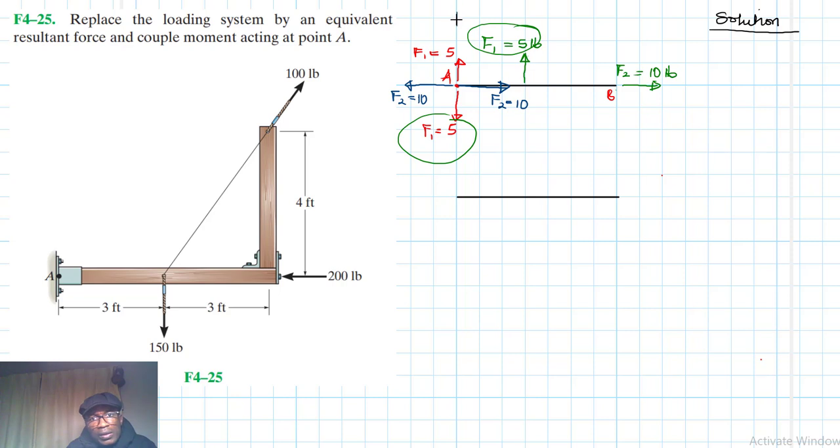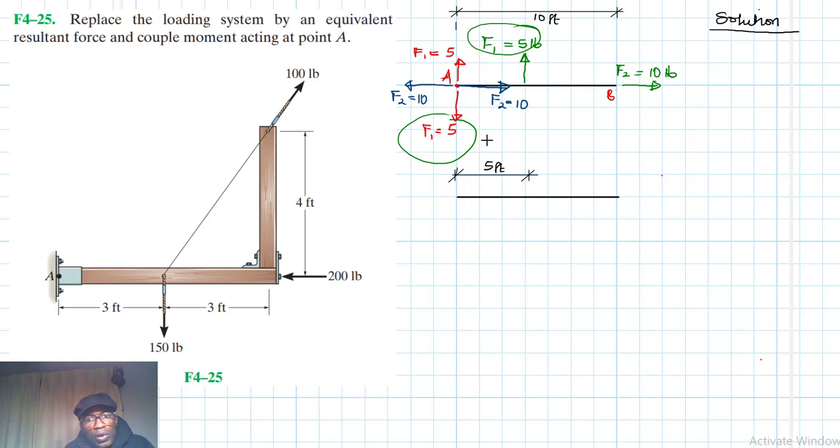We do this like so up to there, and then we have this distance here up to there like that. So we are saying this is 5 feet, and then this is 10 feet.